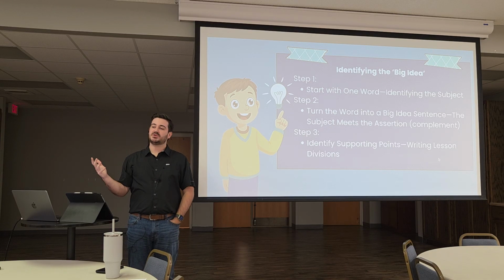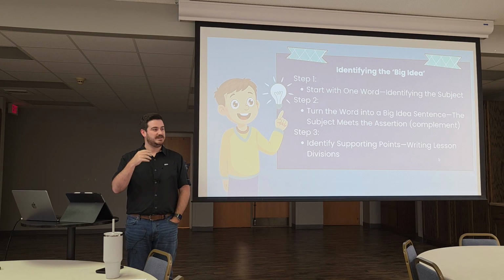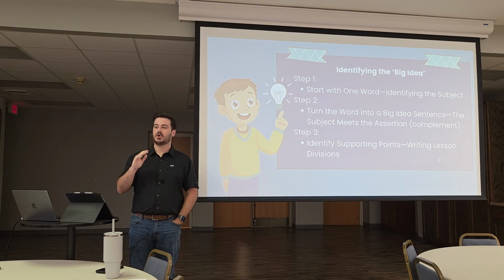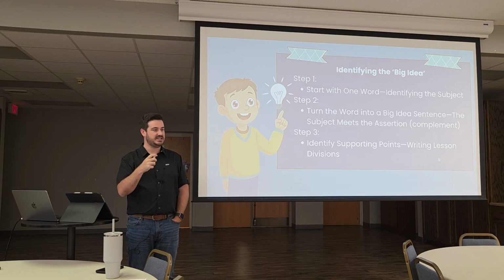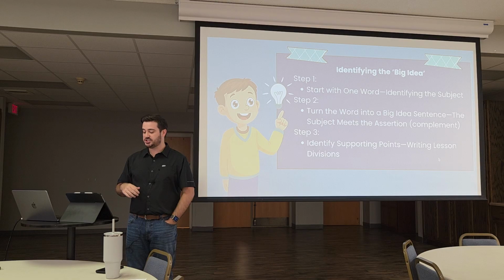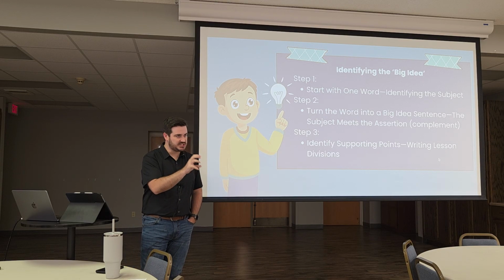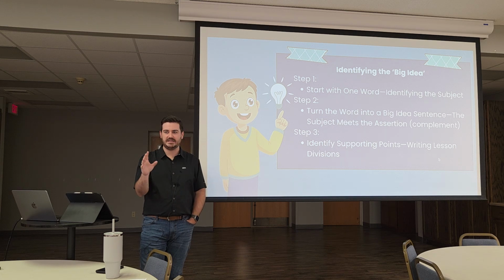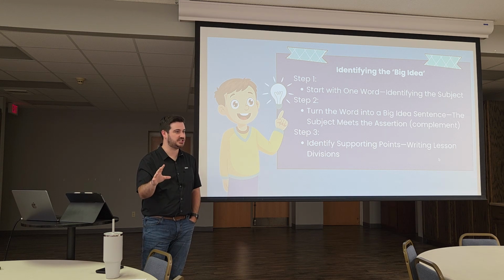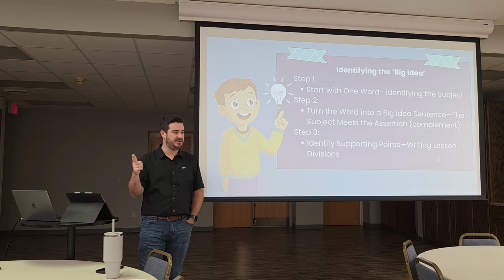If you've picked one core word and developed a big idea sentence, and then you ask how the author develops and proves this big idea, and you have no idea, you don't see any information in the passage, then you have the wrong word and the wrong big idea.